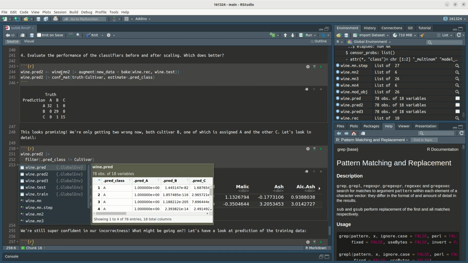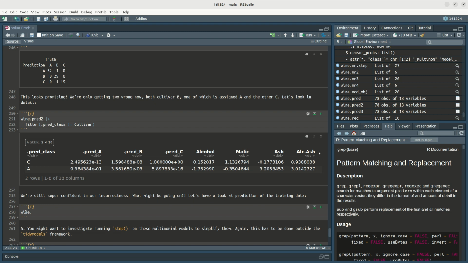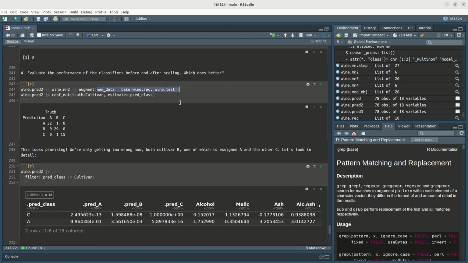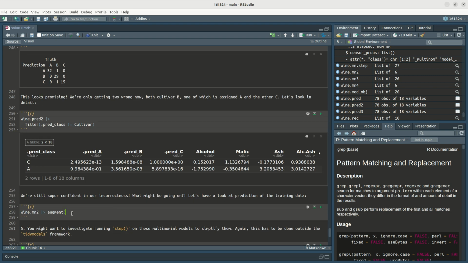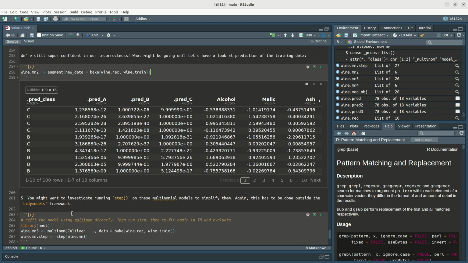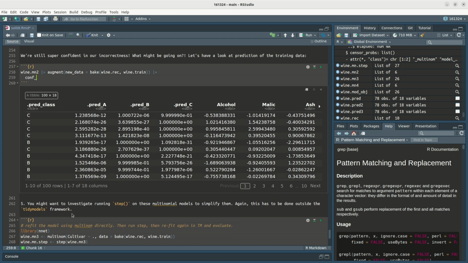So this one here, for example, and we'll augment it this time with our training data. And then do our confusion matrix.